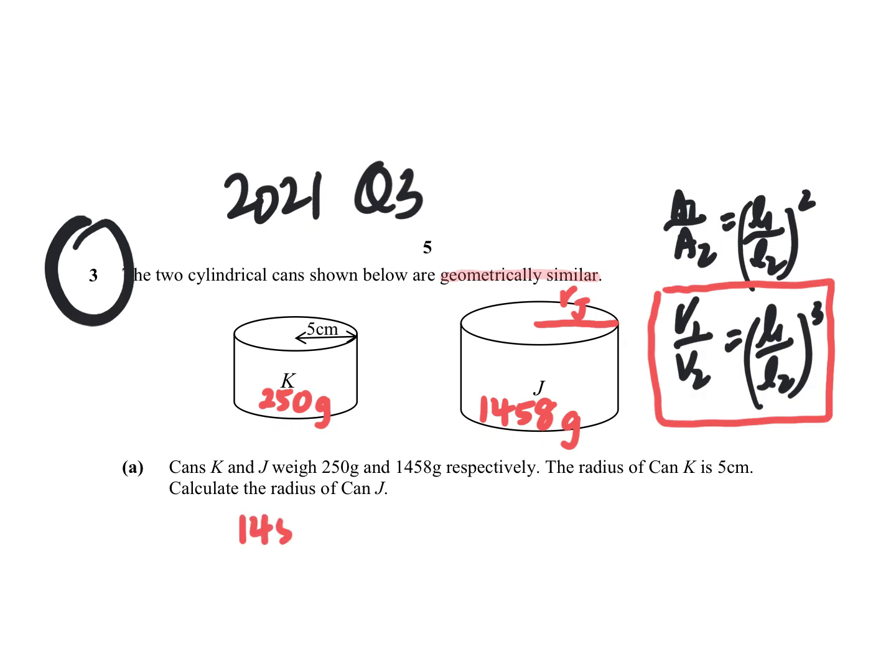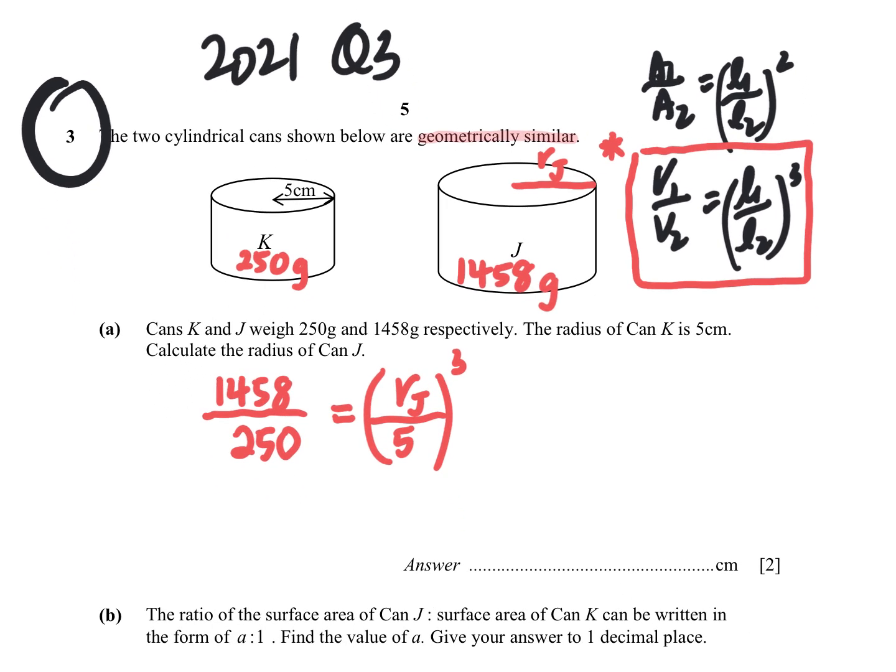So 1458 over 250 is RJ over radius 5, cubed. So you use this ratio, but just that this time round they don't give you the ratio of the length, they give you the ratio of the volume first. So even if they give you this, you don't need to be scared. Get the cube to the other side to become cube root.